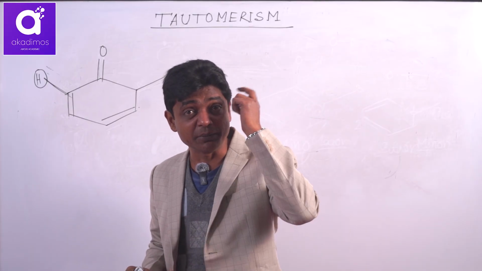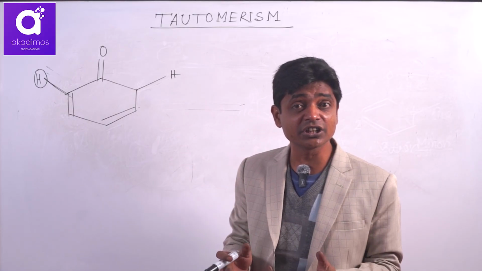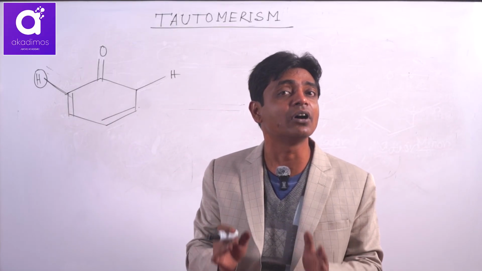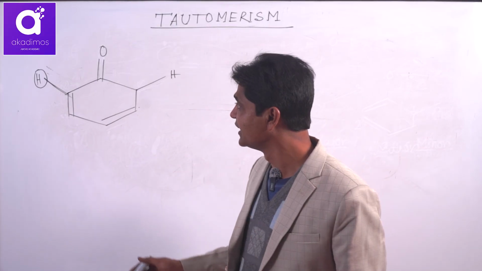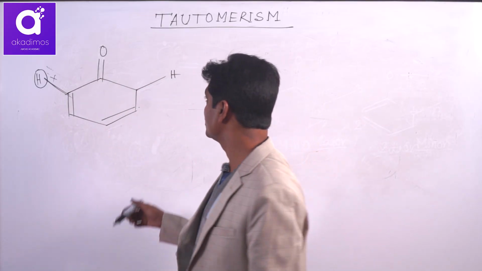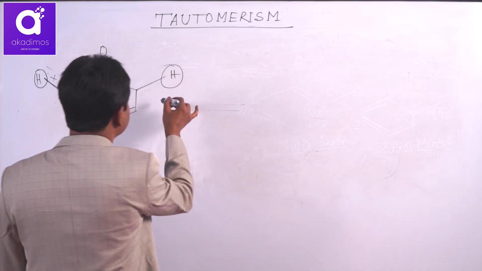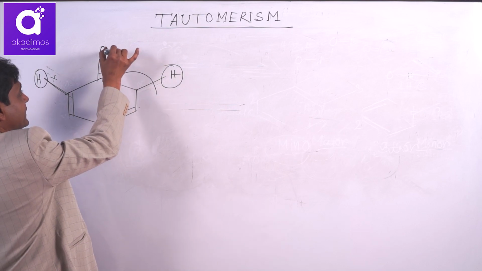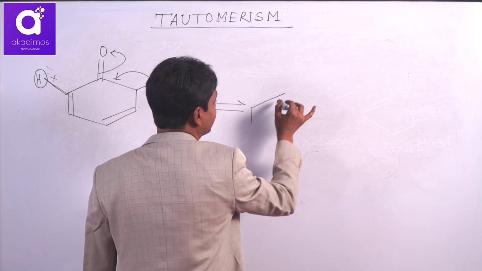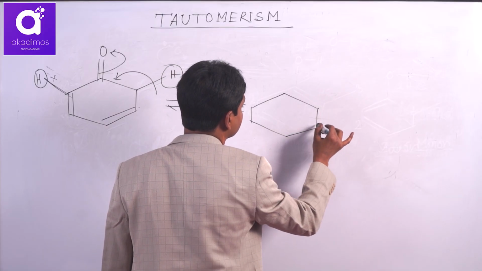Remember it, rebate in your mind: consecutive pi bond in a small ring never forms, never exists. That's why this hydrogen never participates in tautomerism. Only this hydrogen participates in tautomerism, and you will get this one.